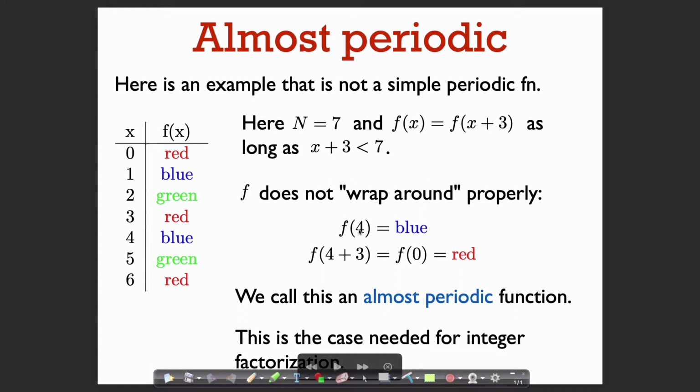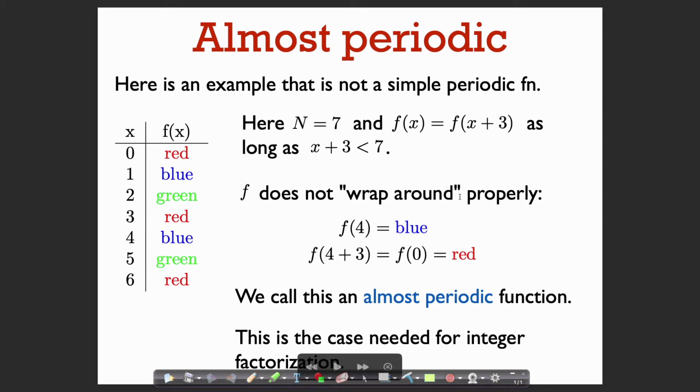So f of 4 is equal to blue, but f of 4 plus 3, so 4 plus 3 modulo 7 is 0. Okay, so f of 4 plus 3 is equal to f of 0, and that's red. So because s does not divide n, we don't have that f of 4 is equal to f of 4 plus s, which is the property that we required for a simple periodic function.